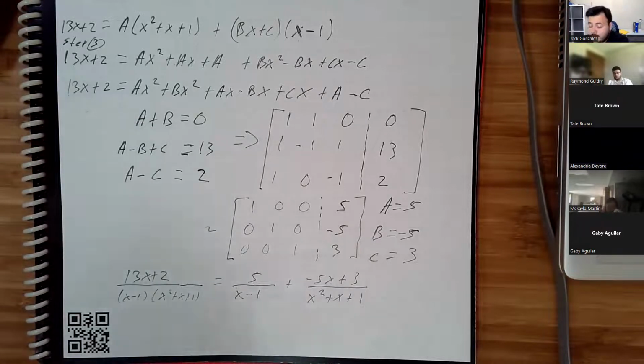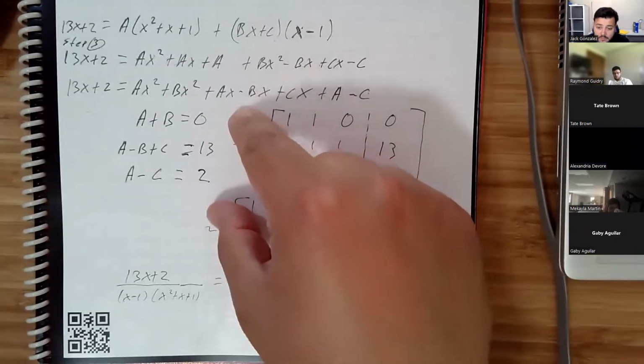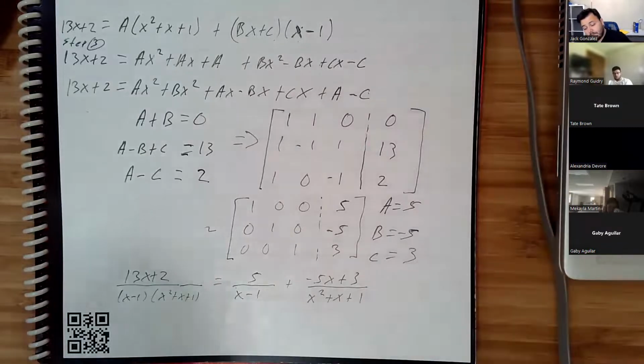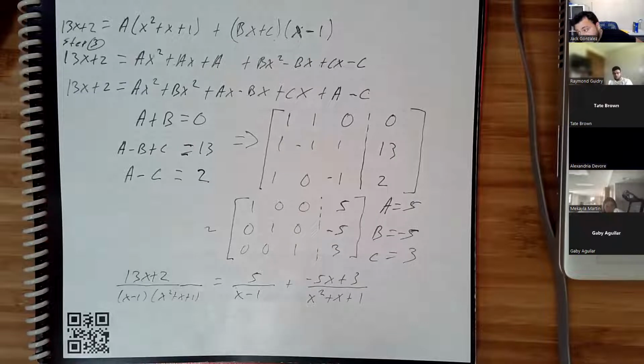So I'm not going to require any work when it comes to solving for ABC, but I will require work everywhere else. Okay. Any questions on number 3? I'll leave number 2 and number 4 to you.